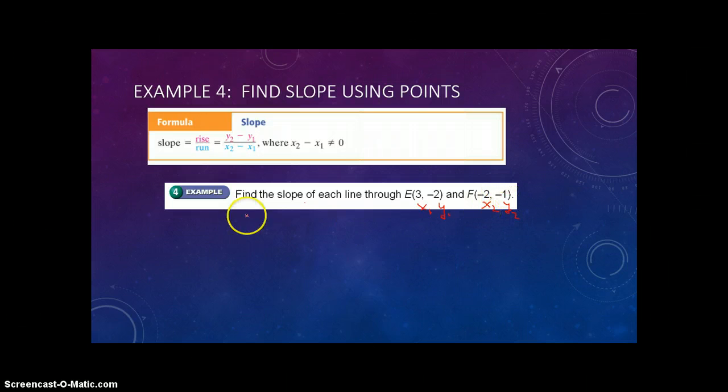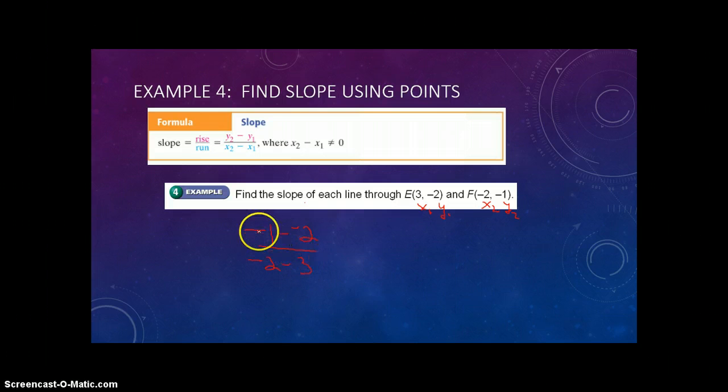So I'm going to do y2, which is negative 1, minus, that's from the formula, and then the point, negative 2. So remember this from the warm-up yesterday, over x2. So again, being consistent, I started with this y point, so I got to start with this x point. Negative 2 minus, and then my x1 value is 3.